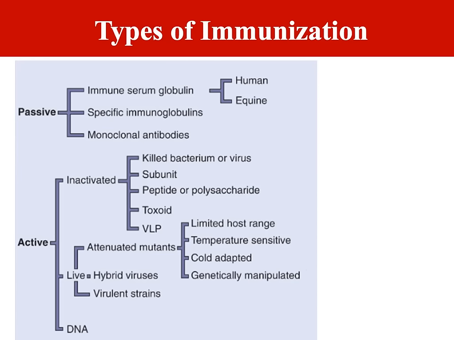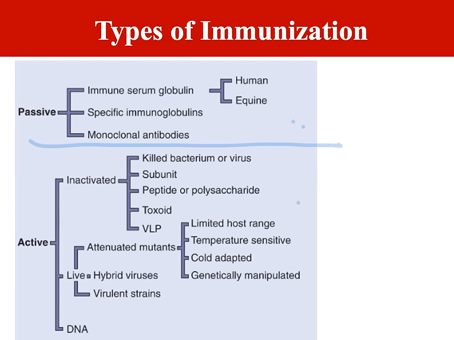All right, so I like this particular graphic because it's a nifty little sort of faux phylogenetic tree of the types of immunization. By and large, you can divide it into two major categories: passive here and active here.